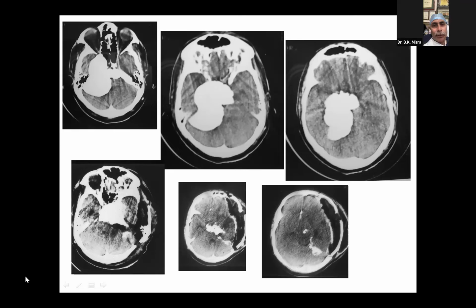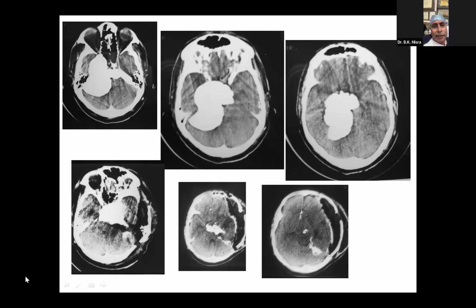Whatever you do, the tumor is going to come back in 20 years' time, even if you do a total Simpson grade 1 excision. So I am much more conservative today than I was in the 1990s and maybe up to 2000. But then you see the patient's condition afterwards.